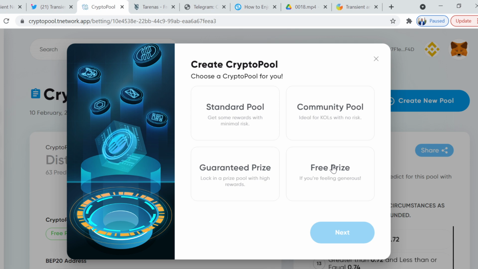So overall, what are the key things here for you to take away? The tournament and the airdrop and the crypto pools are fantastic. In my opinion, again, it's not financial advice, I'm not a financial advisor, but I think what they're up to and what they're going to continue to deliver long term is really, really exciting.